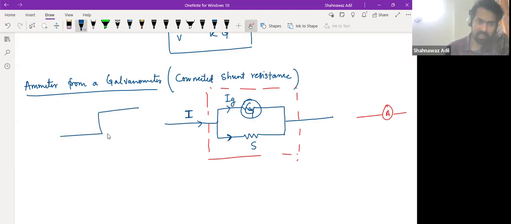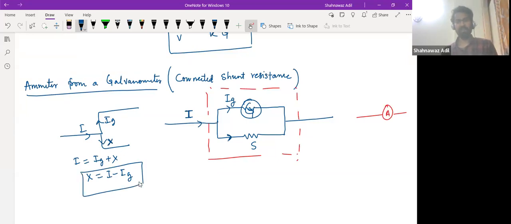The incoming current is I, and the outgoing is IG plus X. So what would be X? X would be I minus IG. Clear, guys? So this would be I minus IG.